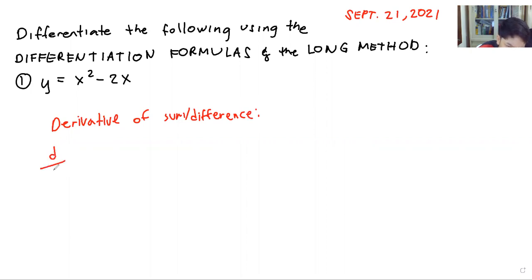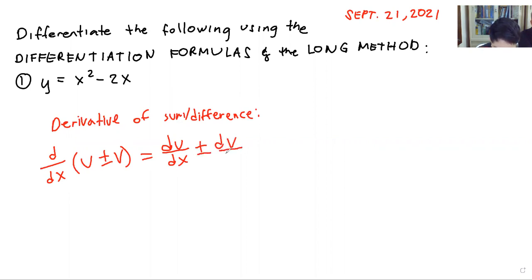If we have the derivative of u plus or minus v, that will equal du over dx plus or minus dv over dx. Okay, there's also one more, the power formula.